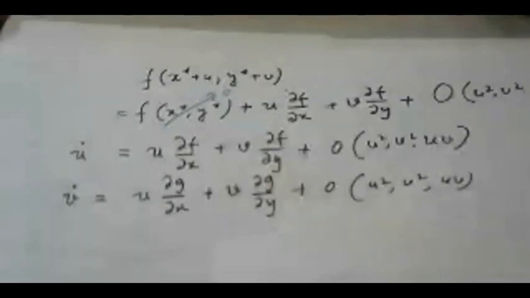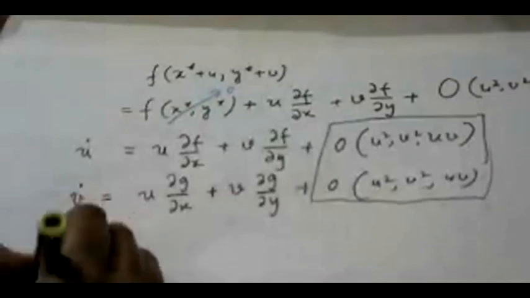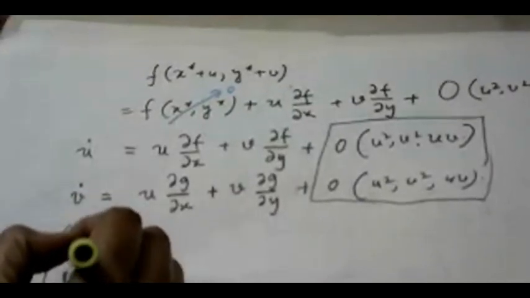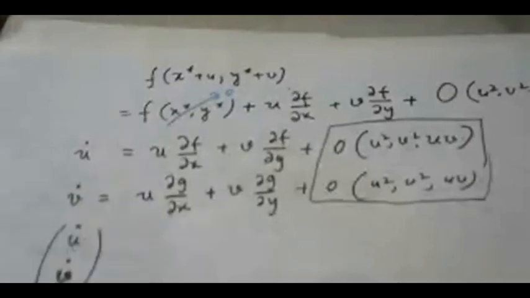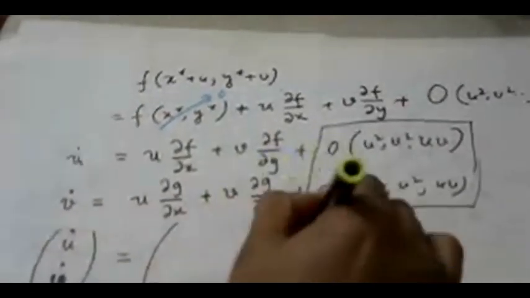Now if I ignore all these quadratic terms, these higher order terms altogether, then I am left with a set of equations which looks like this: u dot, v dot. So two variables, u and v, and I am looking at their time evolution. And here I have u, v.